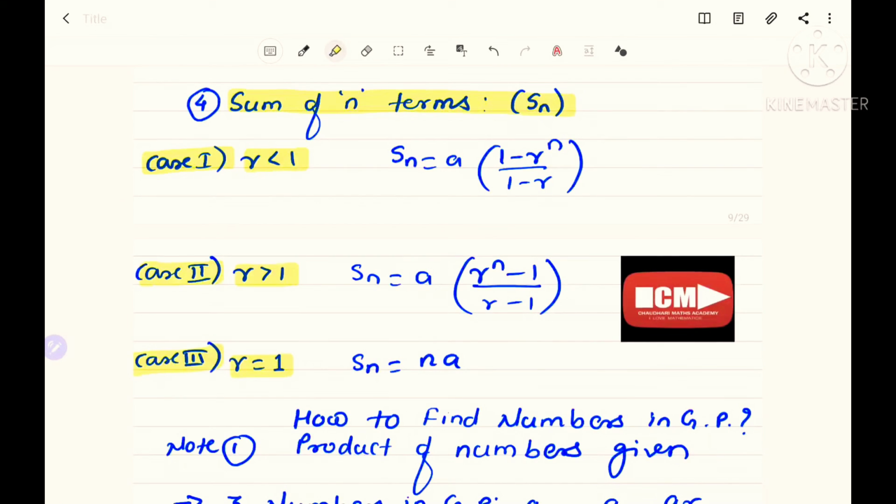So the case number 1 is, if R is less than 1, then the formula for Sn is A times 1 minus R raised to n upon 1 minus R. But if the ratio of two successive terms is greater than 1, like 1.5 or 2 or 3, then the formula for Sn is slightly different from the previous one. It is A times R raised to n minus 1 divided by R minus 1.